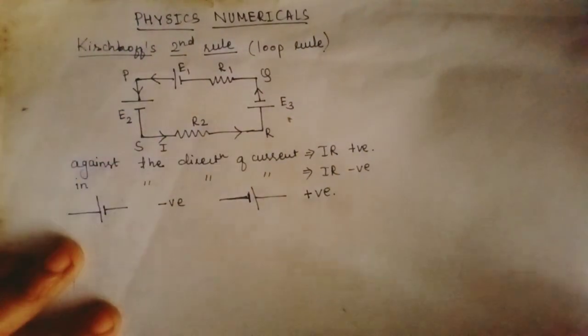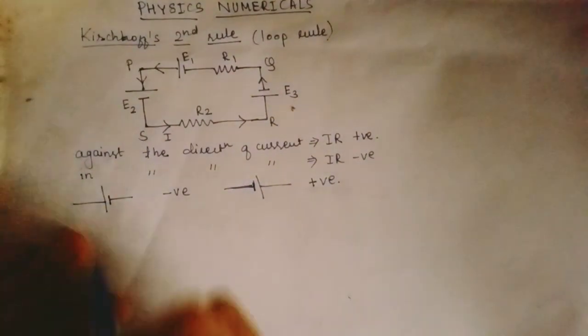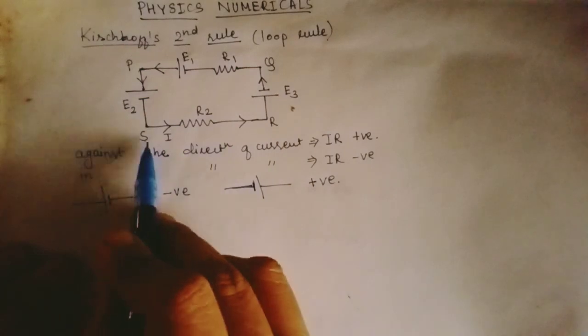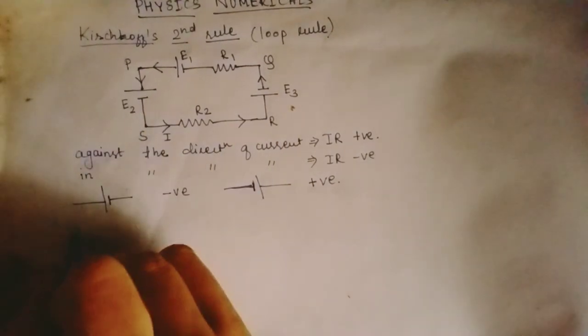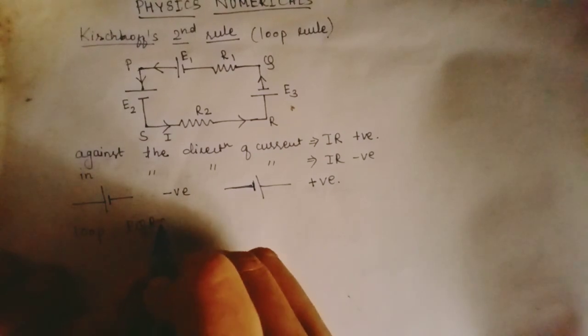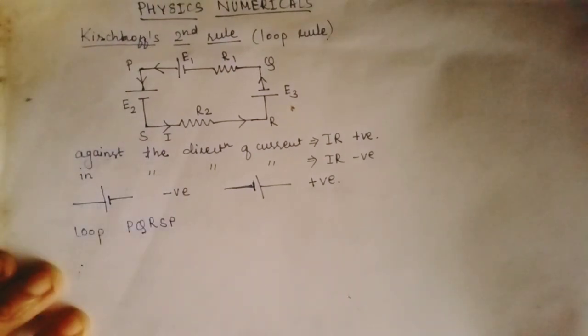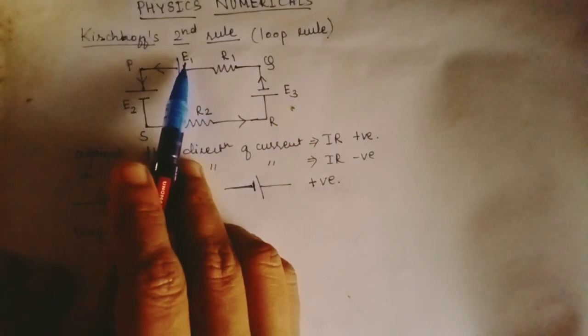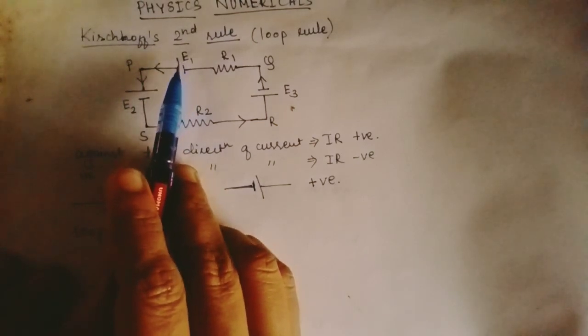Now let's write. I'll consider the loop PQRSP. Starting from P, first we have an EMF.